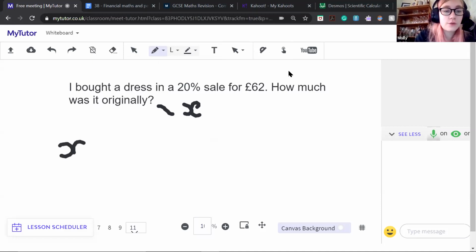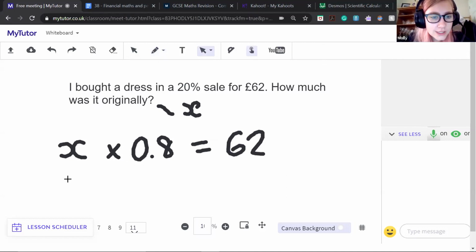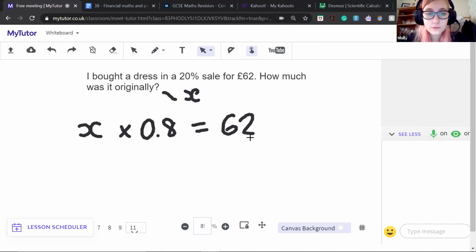So what this is, original amount times 0.8, so we're decreasing it by 20, gives us that 62. Does that make sense, how I formed that formula? So we're just saying a decrease of 20% of the original amount left us with 62. Okay, if you're confused, I'll do one more example of this one after this.